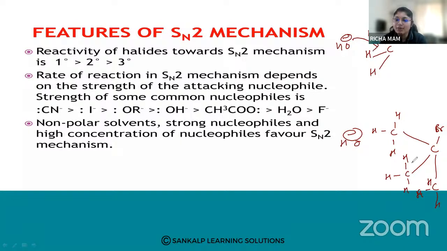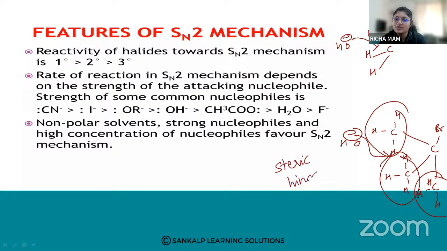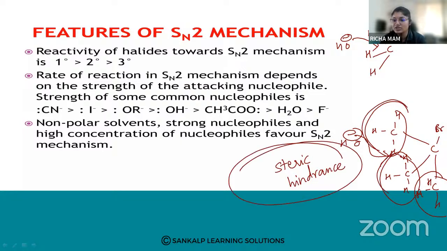These are bulky groups, and the attack is not possible. It is hindered. Hindered means there is steric hindrance. Steric hindrance means there is a rush, right? You can see there is more rush here. So whenever you are doing the SN2 mechanism, primary alkyl halides are favored, then secondary, then tertiary.